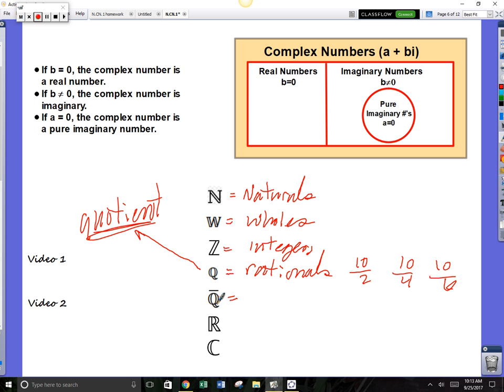So if they can be expressed as a fraction, they're rational. Okay, this one maybe doesn't make sense. The Q bar, the bar over it. This is going to introduce the irrationals. Dylan? The R is, you got to guess.